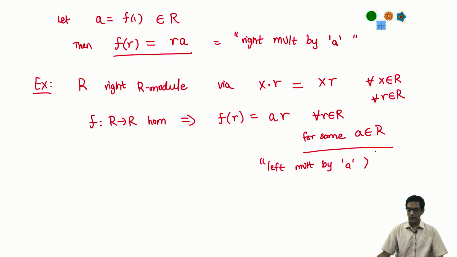So when you think of R as a left module over itself, the homomorphisms turn out to be the right multiplication maps, and when you think of it as a right module over itself, the homomorphisms turn out to be left multiplication maps. Okay, and this is an interesting structure that comes up here, and that's something that we will take up again later on.